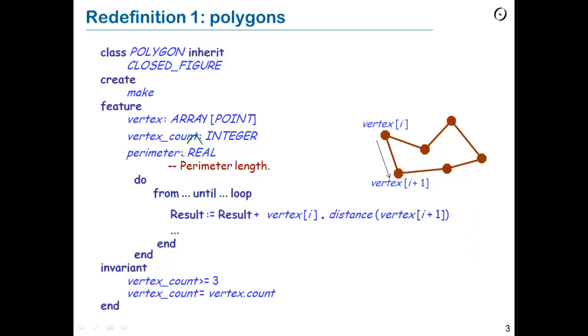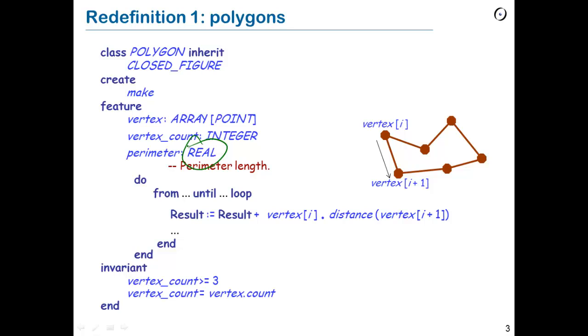Result is what we are going to return as a result of calling the function, this real number. Result is a keyword, a reserved word to be more specific, and is such that the final value of result is what a call to perimeter is going to return. So each time through the loop, we update the result computed so far.